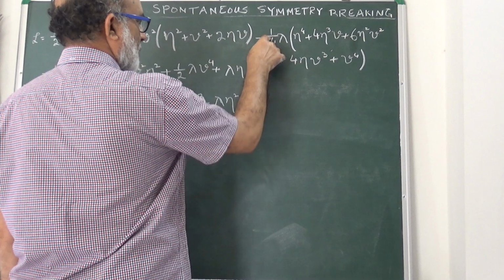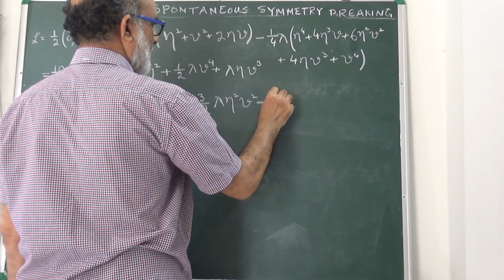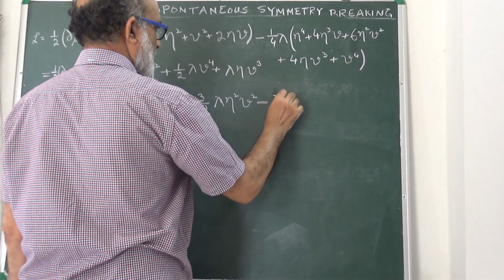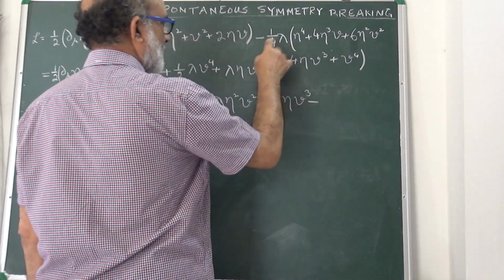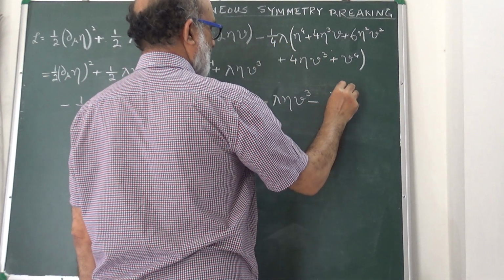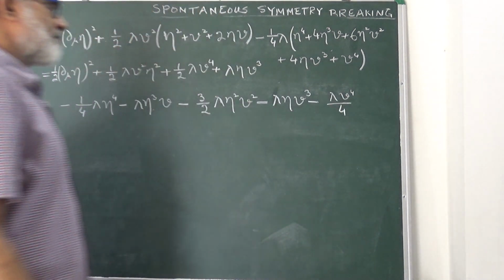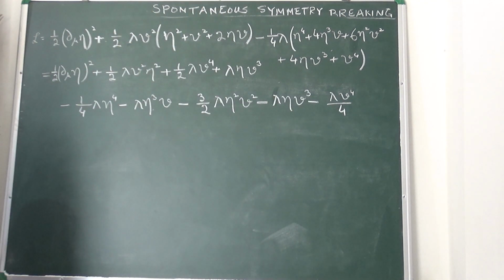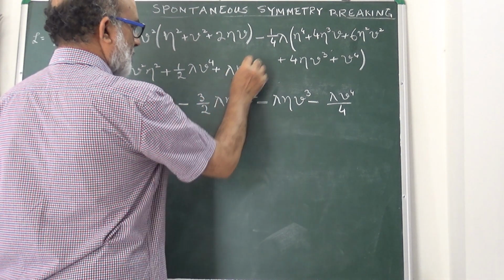Now minus 1 by 4, the 4 cancels out. We are left with lambda eta to the power 4, minus lambda v to the power 4. So this cancels with this.